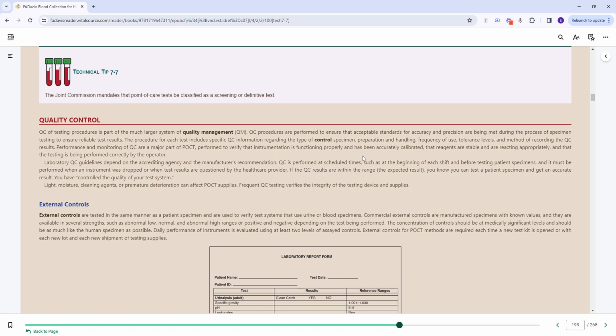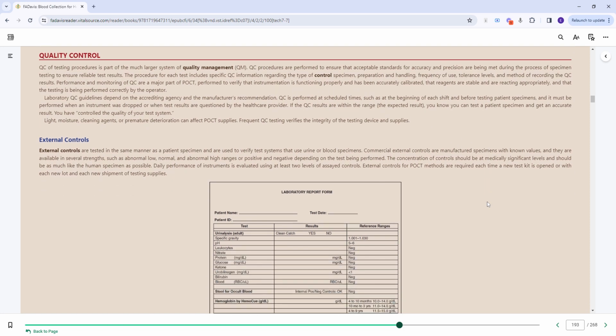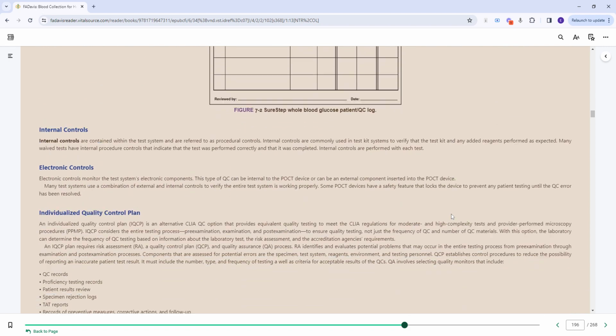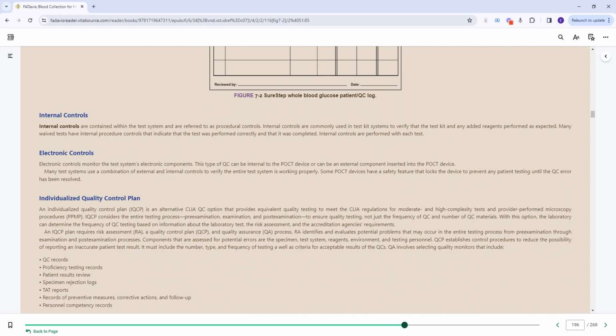The external controls are going to come from the manufacturer, and you would know on the device you're using how to do the external control, add that, and make sure that everything is working properly. These are some logs. Your internal controls are contained within the test system, and those are procedural controls.